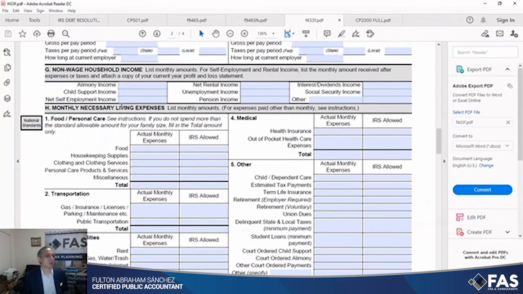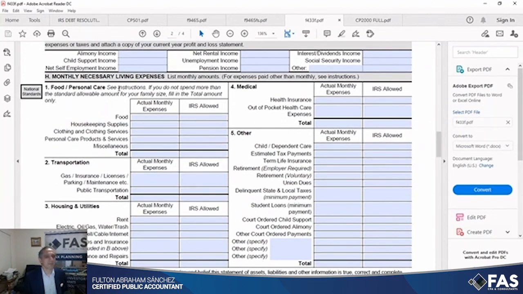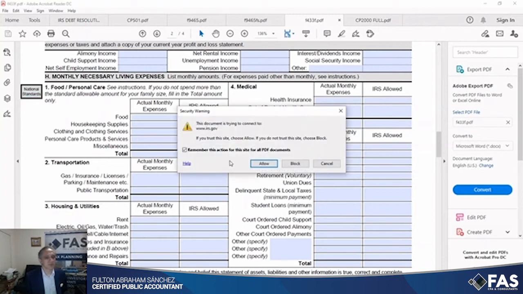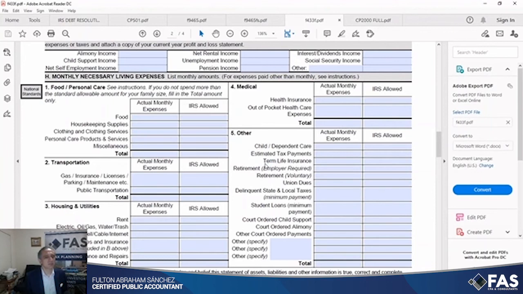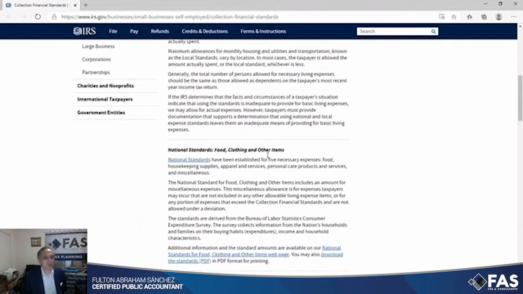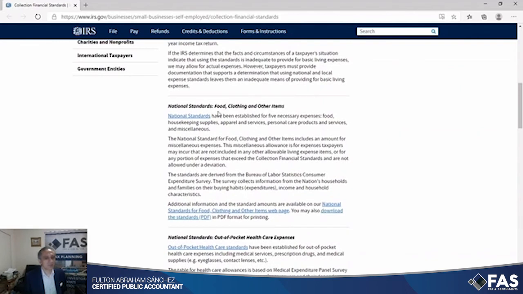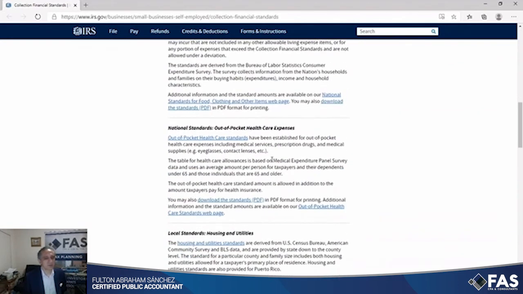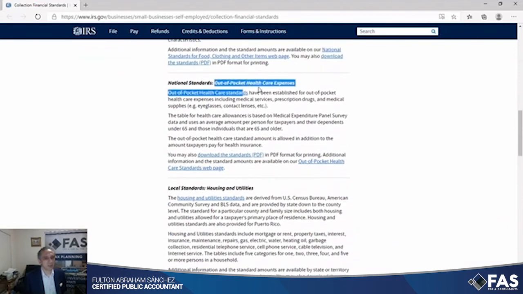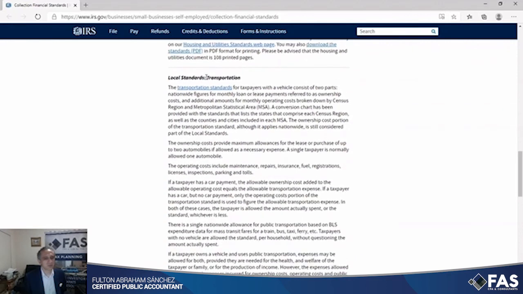Then comes what I mentioned before, monthly necessary income. The IRS has created some standards, and based on that, you will need to provide those standards based on, for example, food, healthcare, housing, transportation.